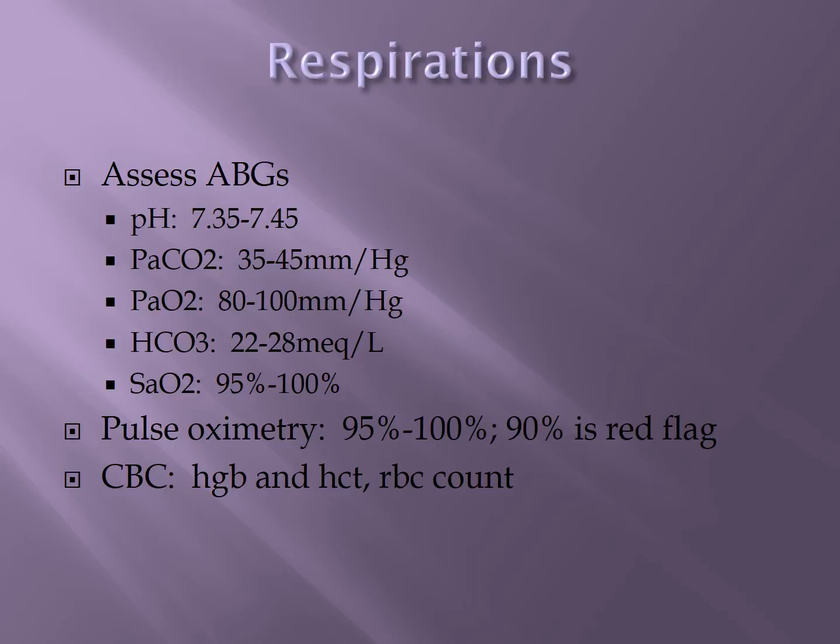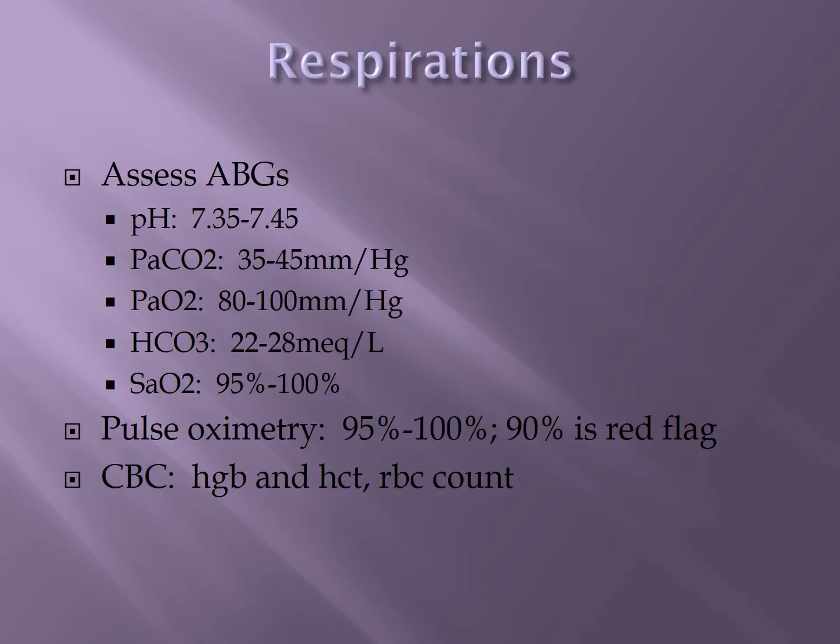Now, anytime you're looking at a pulse ox, you need to know what is that patient's hemoglobin. That is very, very critical. If you remember, I drew box cars on the board and showed you that a patient who only has a hemoglobin of 6 can have 100% pulse ox, but that does not mean that they are not hypoxic.